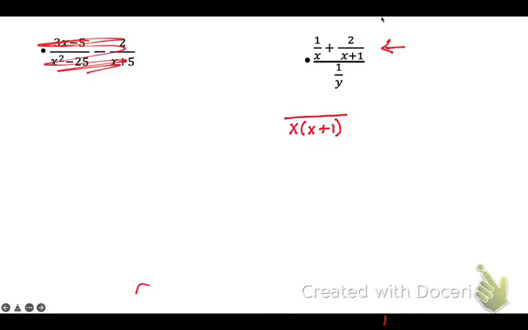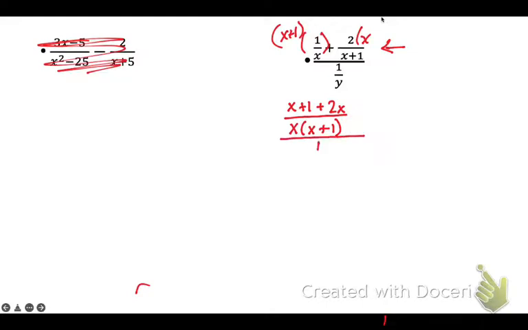It helps us when we reduce, doesn't it? So leave it there. Okay, so then what do I need to multiply this by? X plus 1. And what do I need to multiply this by? X. So 1 times x plus 1 is x plus 1 and then plus 2x.